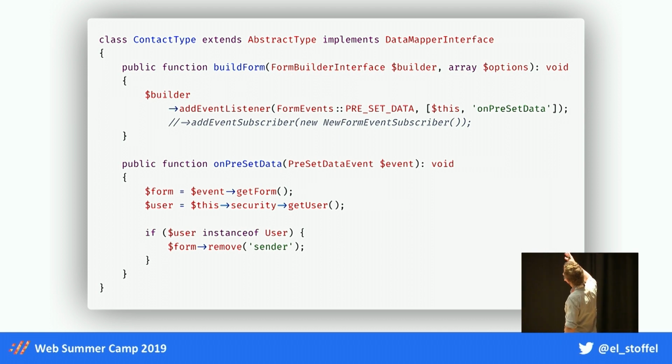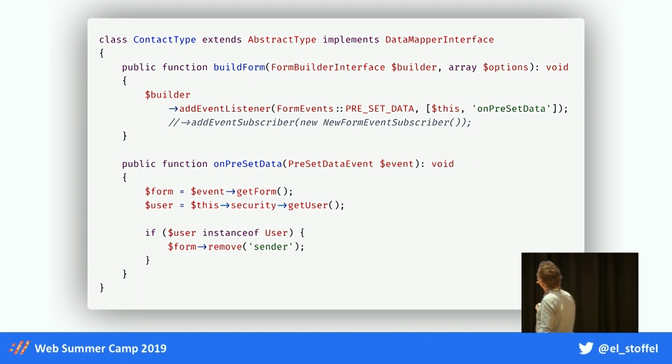So for instance, we could add a new method in our form type. In this case, it's on pre-set data. And we bind the pre-set data event using that add event listener method and this callable.